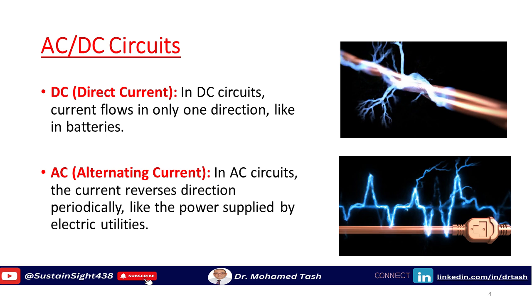This constant change in direction is usually represented by a smooth wave pattern. So, the key difference is the direction of flow. DC flows steadily in one direction, while AC constantly switches direction. Both are incredibly important and used in countless applications around us.